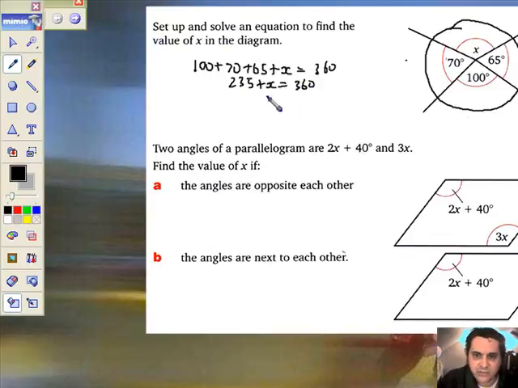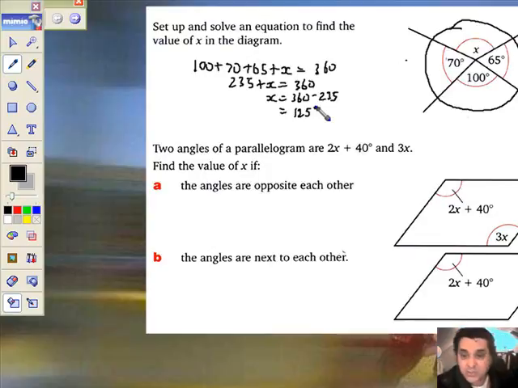Take the 235 next door and subtract, and we've got 125 degrees. X is 125 degrees. That's rated at grade E.